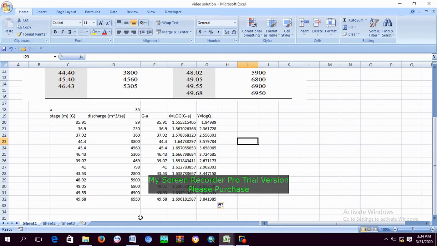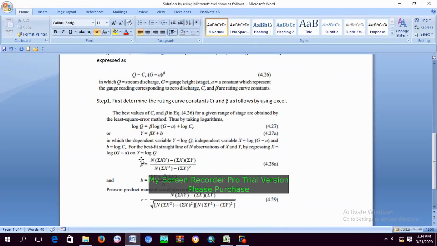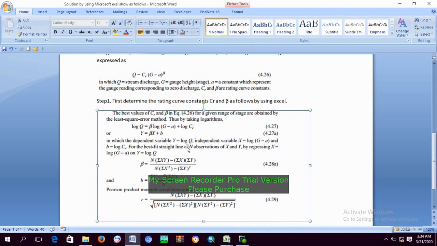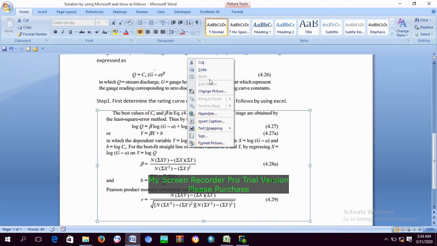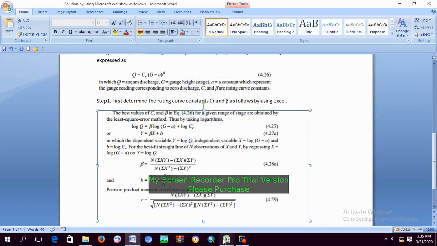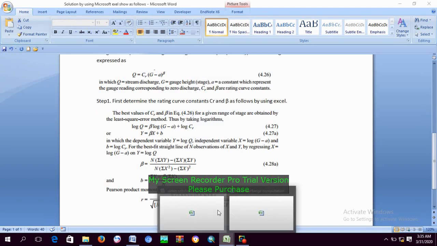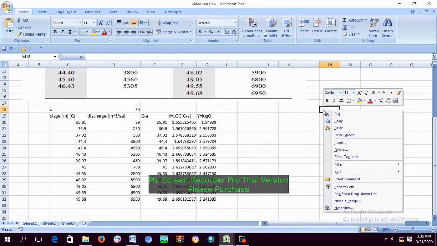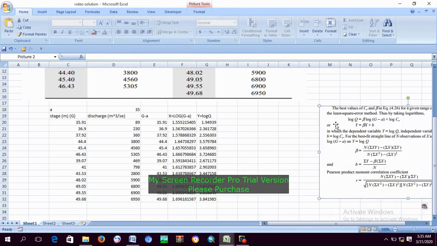From this equation, beta can be determined by using this formula, where n is the number of samples, and the summation of xy is needed. We can move this formula into Excel in order to simplify our work.